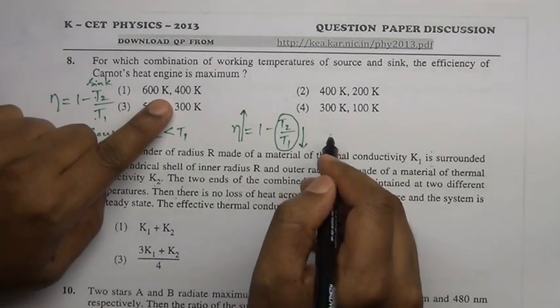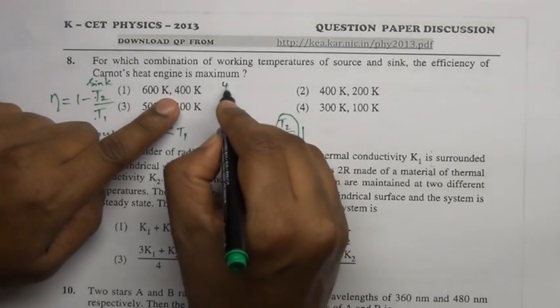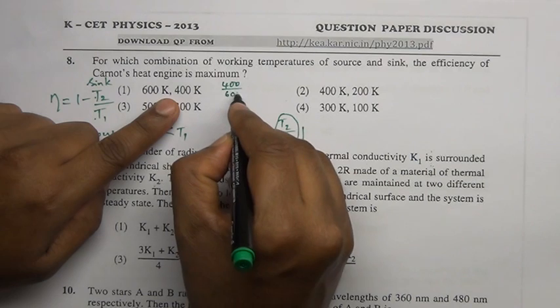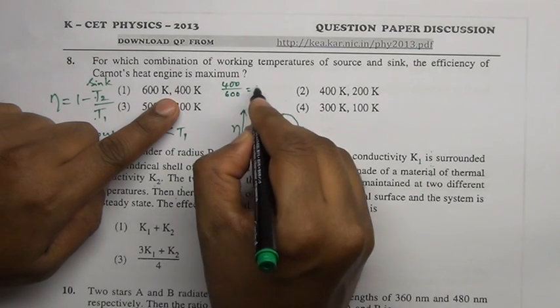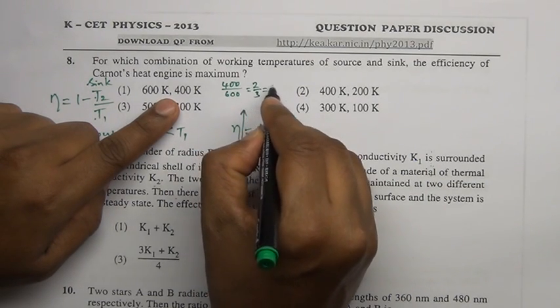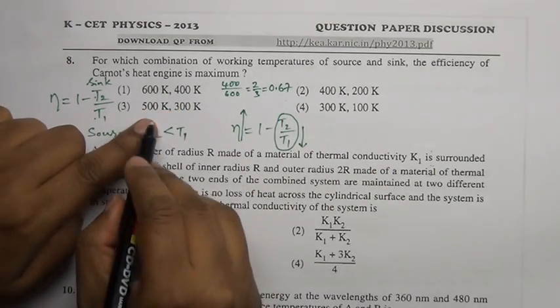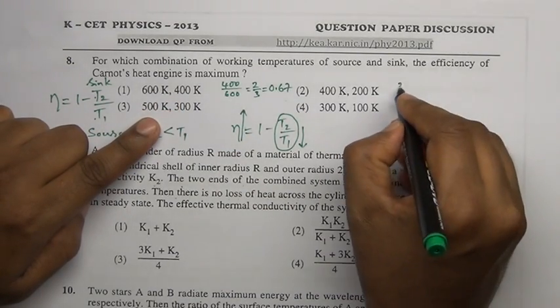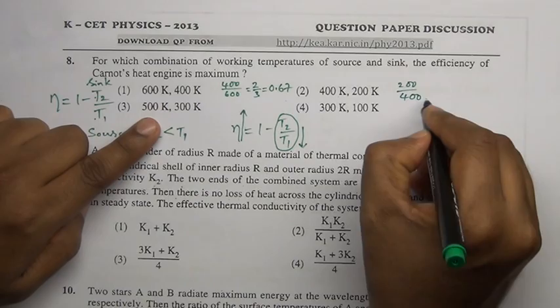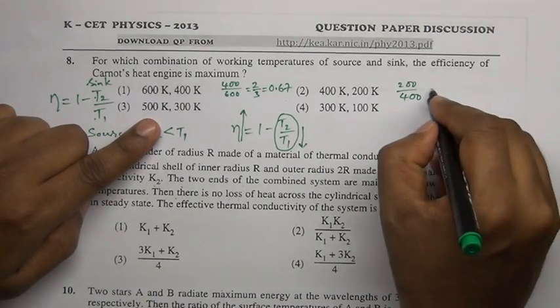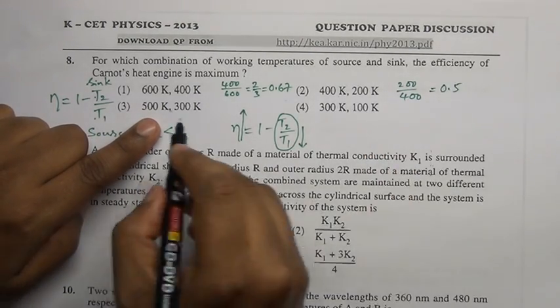Now, in the first option, it is 400 by 600. This ratio is 2 by 3, 0.67. In the second case, 200 by 400, which is 0.5.